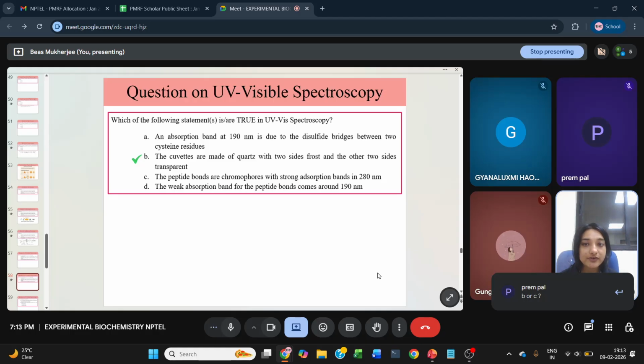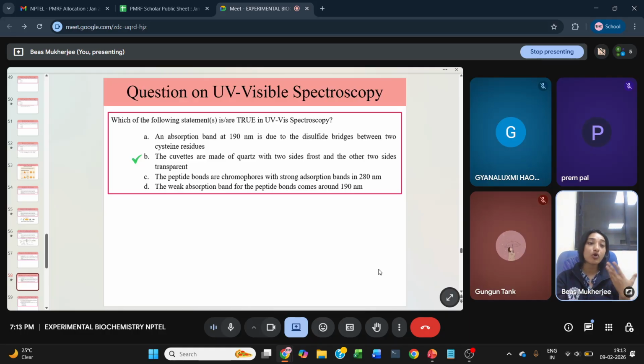So cuvettes are having these. Cuvettes have two sides. These are the quartz cuvettes, actually having two sides made up of frost and two sides transparent. Through the transparent sides, light travels, but the other two sides are relatively made of some porous material, so it's for you to hold the cuvette there.